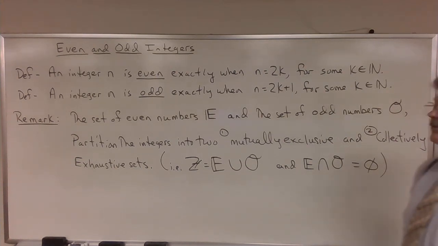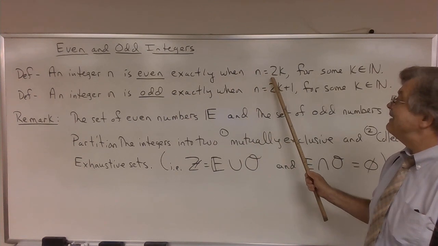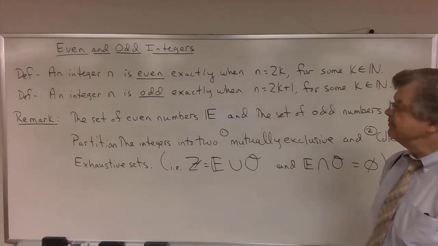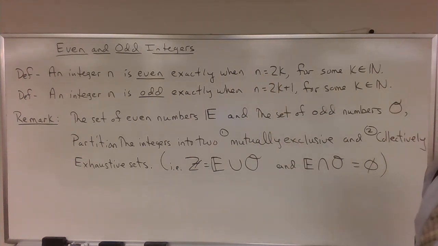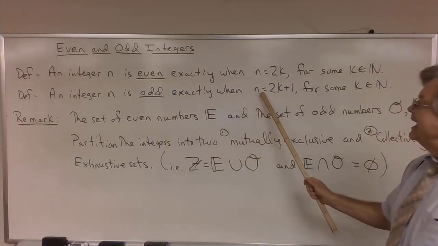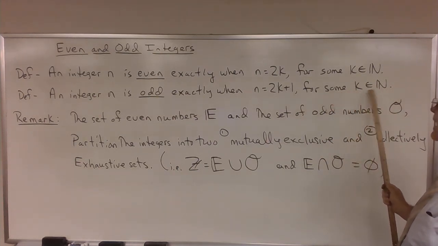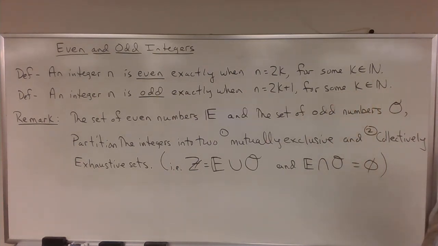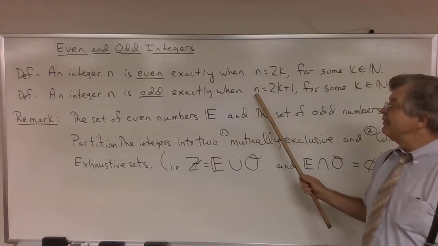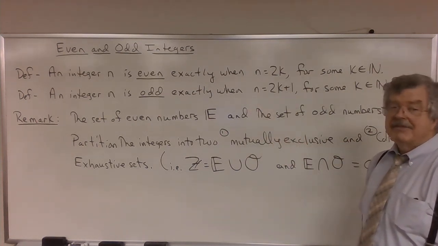And that makes sense because when we think of an even number, we think of a number that has a factor of 2. An integer n is odd exactly when n equals 2k plus 1 for some natural number k. So if we divide a natural number n by 2, we're going to have a remainder of 1. That means it's odd.